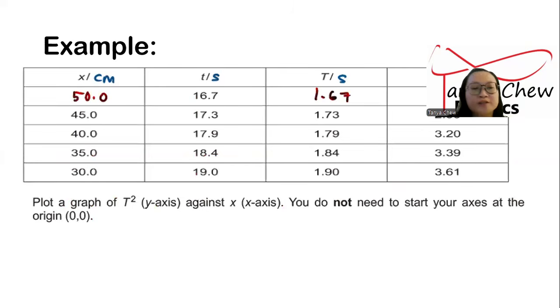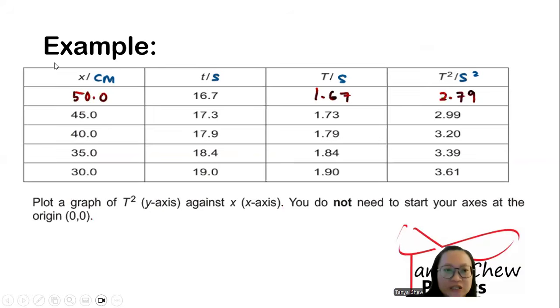Right, so let me show you some examples here. In the first example, I have already filled in the heading. I put in the unit cm, time in second, period in second, and period square in second square. The question is that you have to plot the graph, and the question mentioned clearly that your t square must be on the y-axis, cannot be on the x-axis.